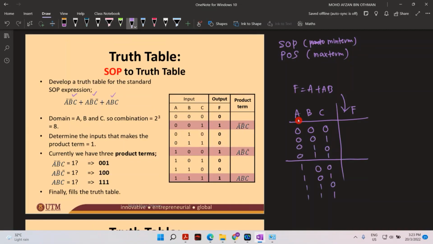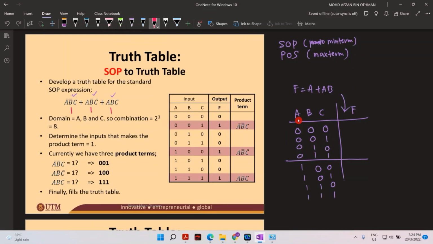Okay, so sekarang ni, since this is SOP, target kita, setiap product term ni perlu hasilkan output 1. So setiap ni kena hasilkan output 1. Macam mana nak hasilkan output 1? Kita tengok ya.